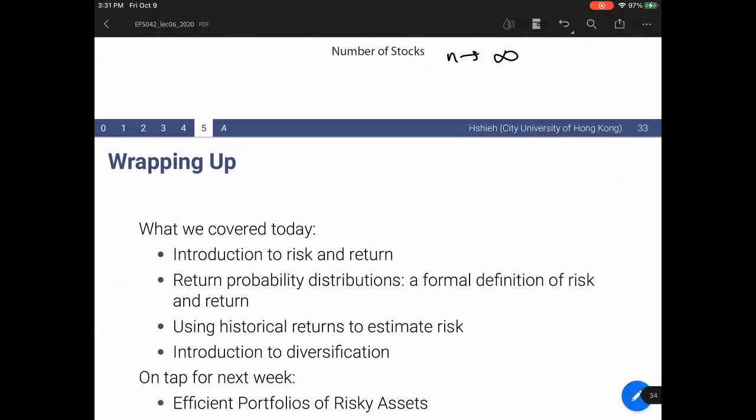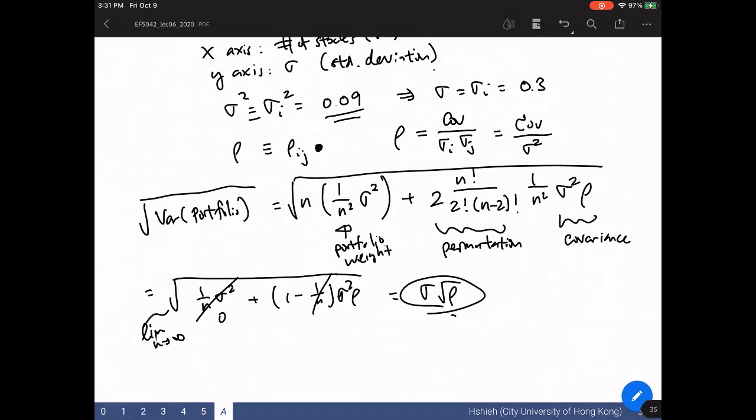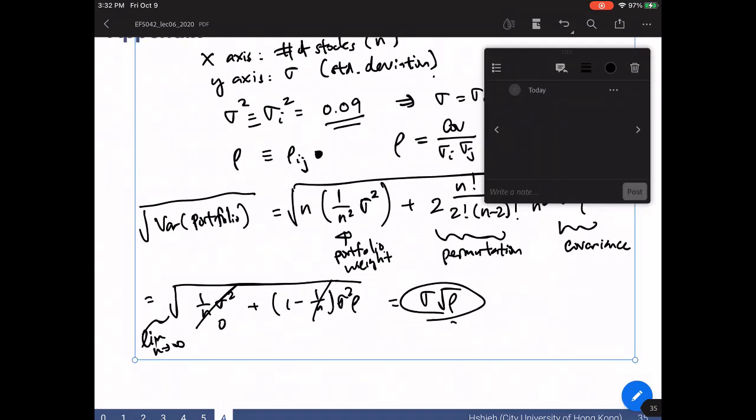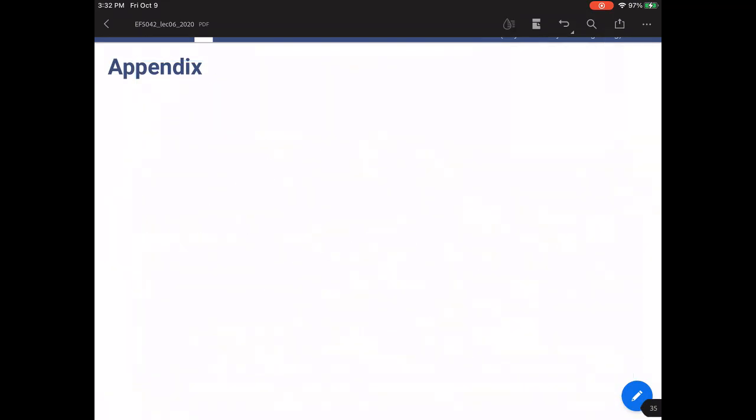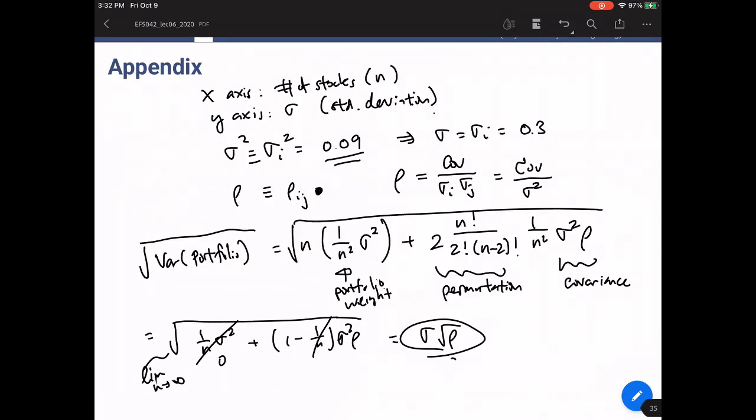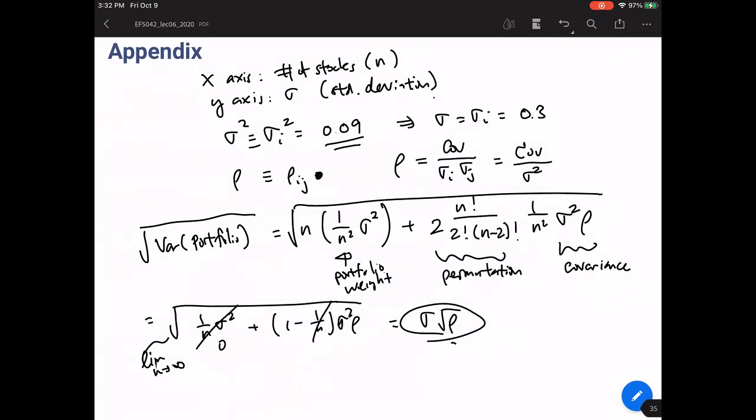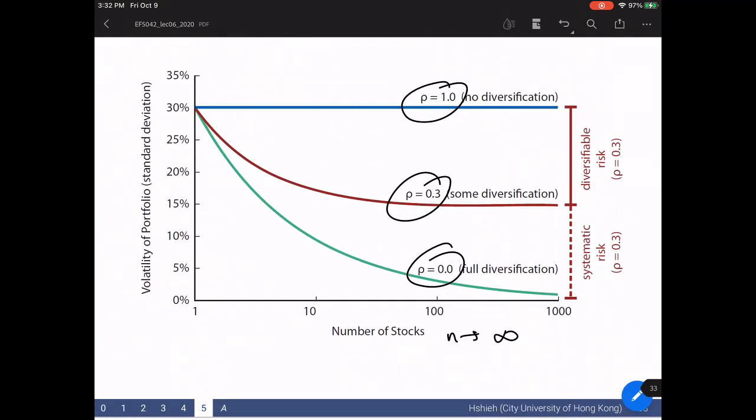So we plug in for different rho into this equation. So recall this equation. Sigma, we know what that is. That's 0.3. We plug in different values for rho, and we will see where it converges. And if you plug in sigma equals 0.3 and rho equals 0.3, you'll see that the limit takes your portfolio volatility to converge to some number around 0.16.